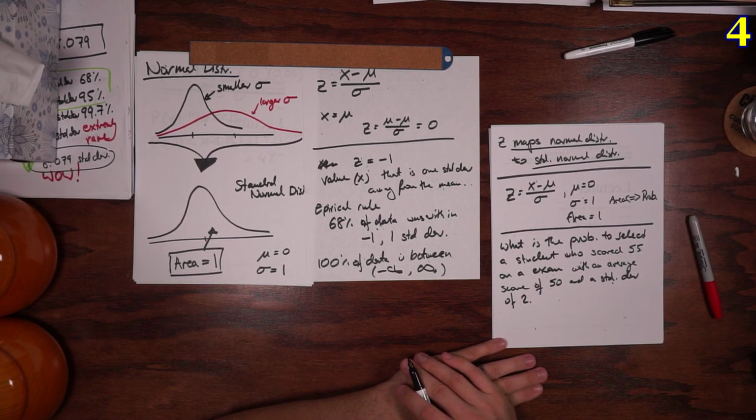What's the probability to select a student who scored 55 on an exam with an average score of 50 and a standard deviation of 2?